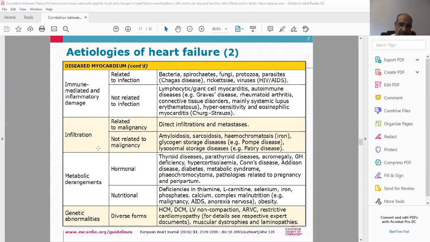And infiltration as well, including either malignancy or any kind of infiltration like amyloidosis, for example, hemochromatosis, or metabolic derangement, including hormonal like thyroid and others, and nutritional like selenium, L-carnitine, and thiamine deficiencies. All these are included in the metabolic group, and genetic abnormalities, including cardiomyopathies, ARVD, and others.